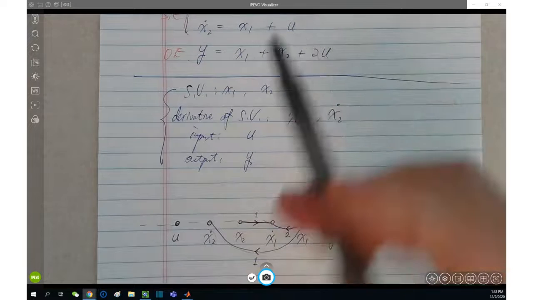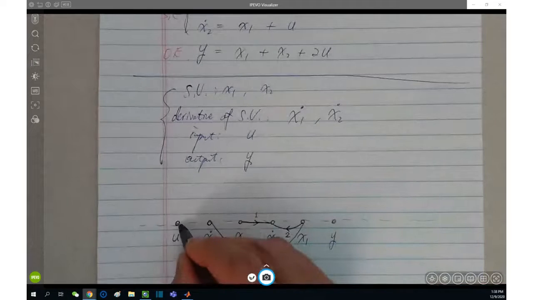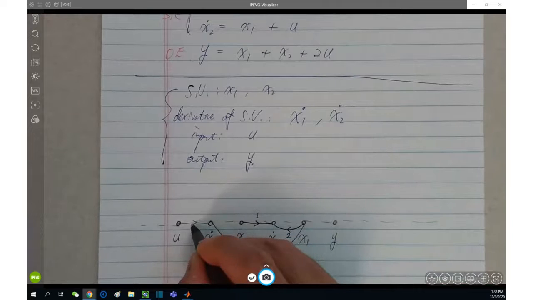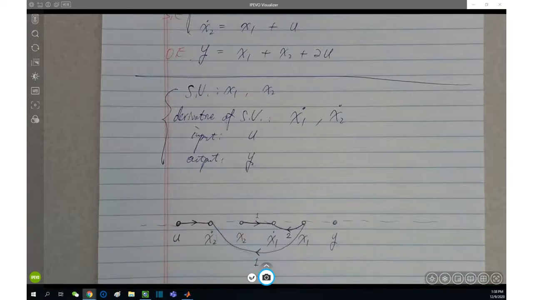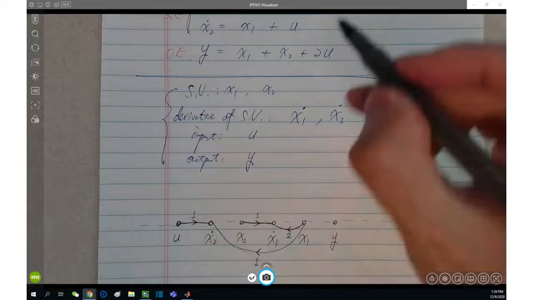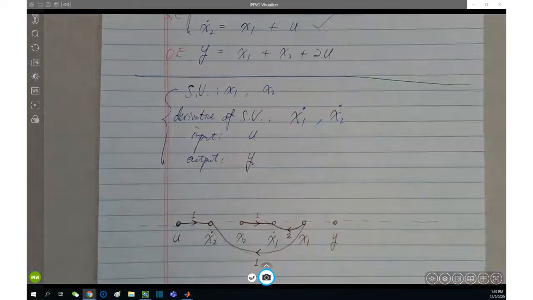And then plus u, which moves forward along the horizontal line with a gain of 1. This is the second equation done.